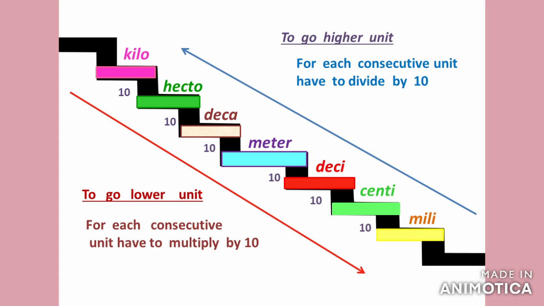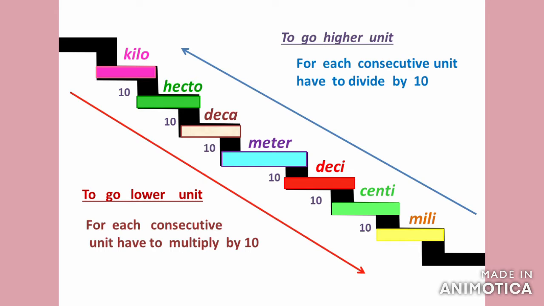Here I have drawn a picture of stairs where each slab or step of the stairs represents a unit. From this picture you can see that the sky-colored step or slab represents the unit meter. When we want to go to a higher unit from the meter, then one by one we will get deca, hecto, kilo.